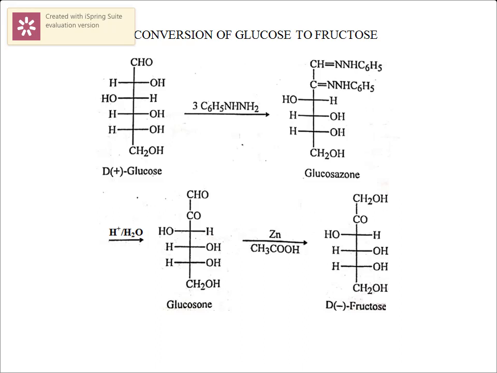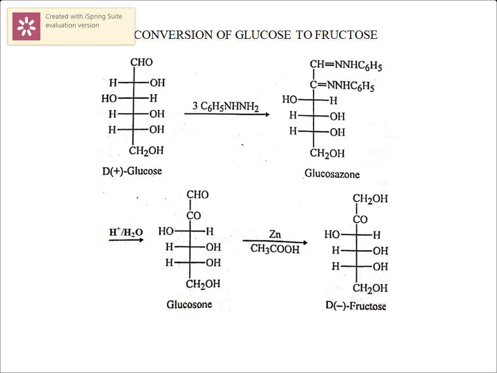Glucosazone in acidic medium, in acid hydrolysis, the C double bond N becomes CO. So the first CH double bond N becomes CHO, and the phenylhydrazine is gone. And the next one, C double bond N becomes C double bond O. So you get glucosone.